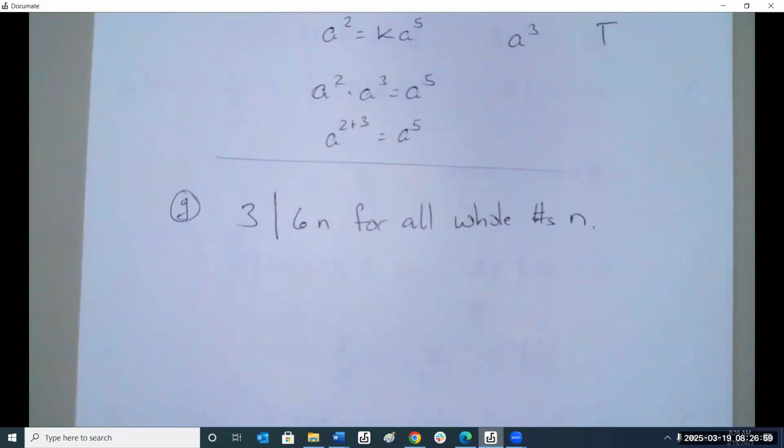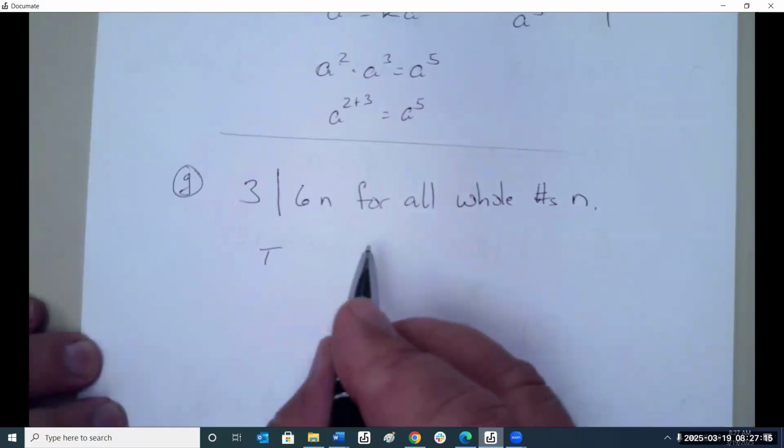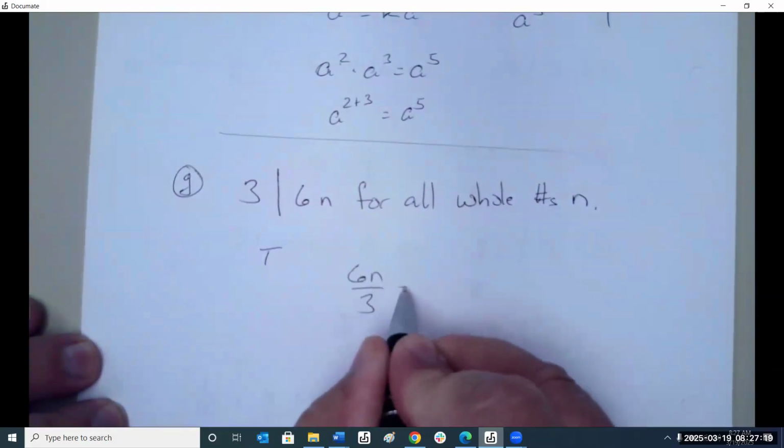This is elementary school, teacher math. Okay, it's true. Why? Because 6 is divisible by 3, so anything times that base would be divisible by 3.